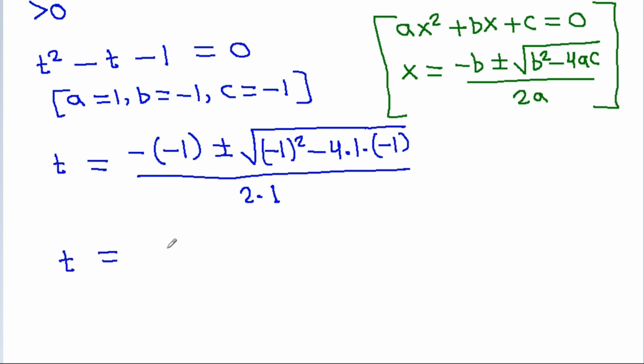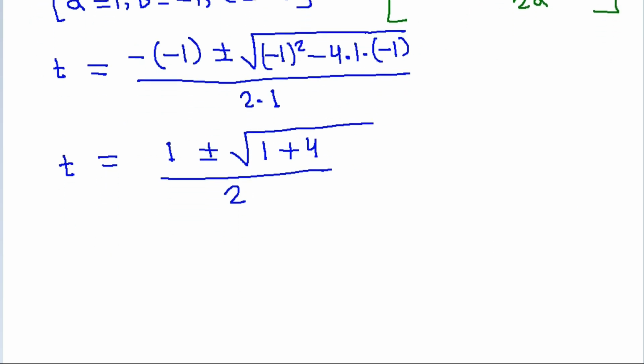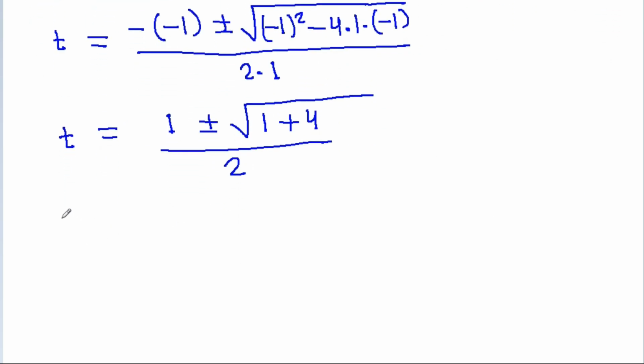And t is equal to (1 ± square root of (1 + 4)) by 2, so t is equal to (1 ± square root of 5) by 2.